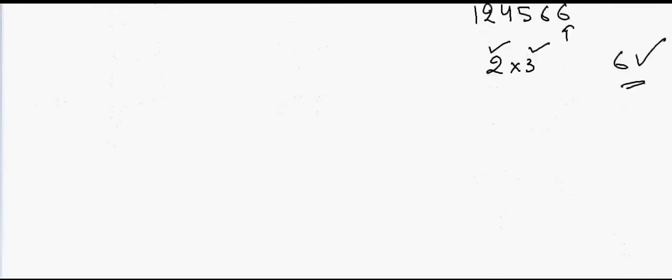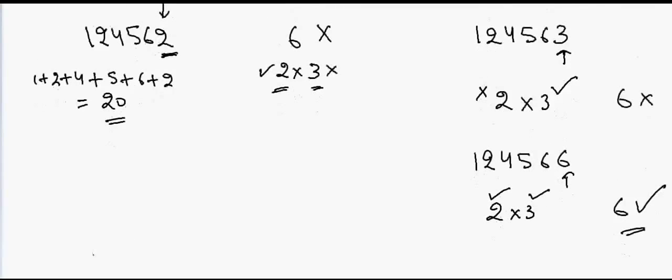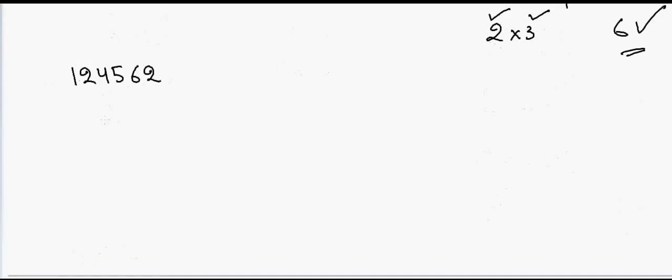Now let's go for 8. So now we have 124562, and we want to find out whether this number is divisible by 8. In that case, we'll take the last 3 digits and see if 562 is divisible by 8.